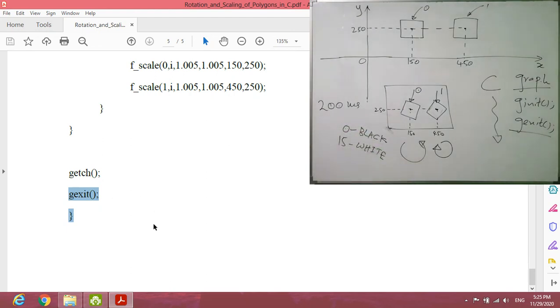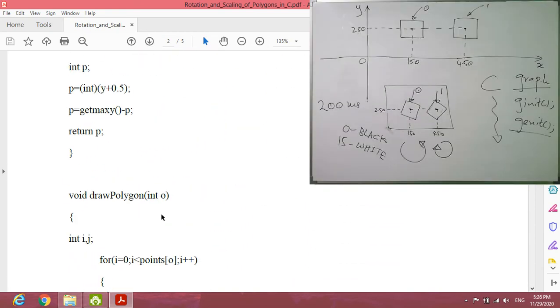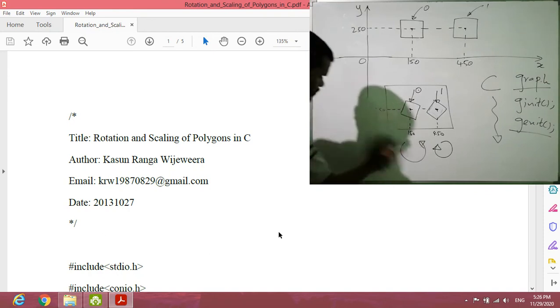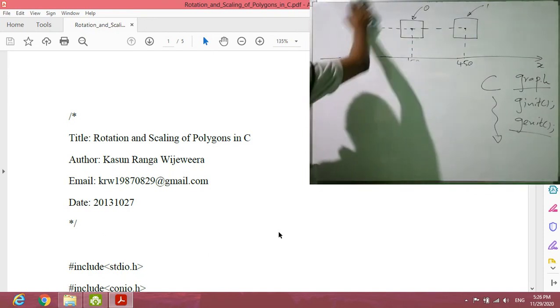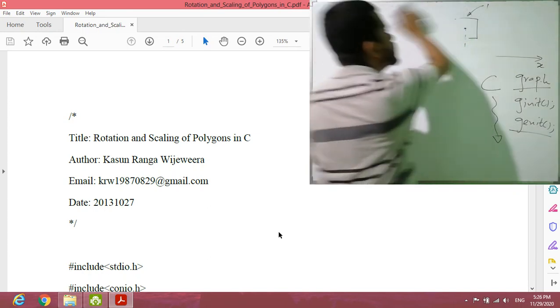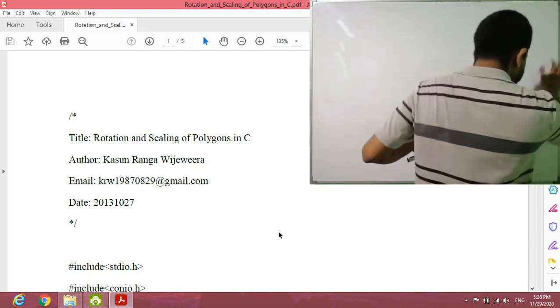Now I hope you have clearly understood the rotation and scaling of polygons. If you have this knowledge, you can do very nice things in computer graphics.